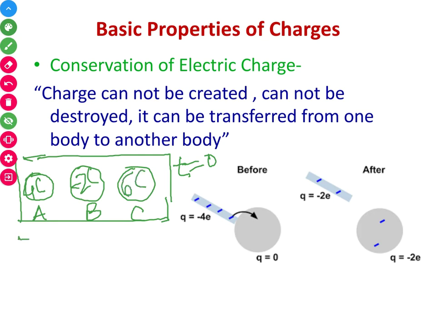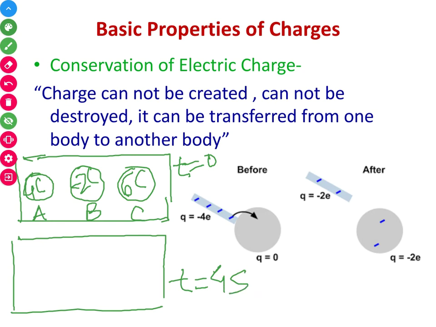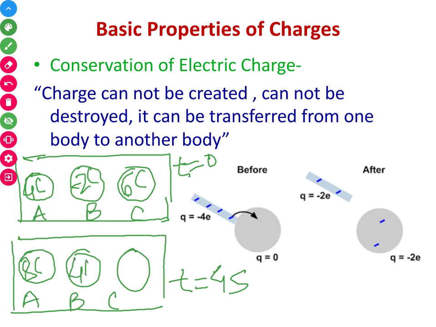After some time, the same system at t equal to 4 seconds, the condition is: body A, body B and body C. Suppose this contains 8 coulomb charge and this contains 4 coulomb charge, then find the charge on this body.